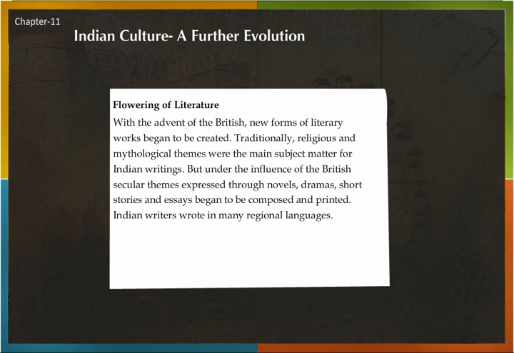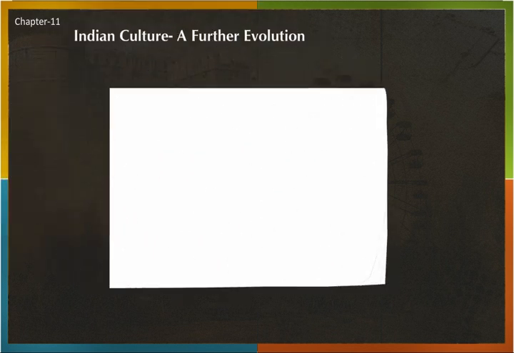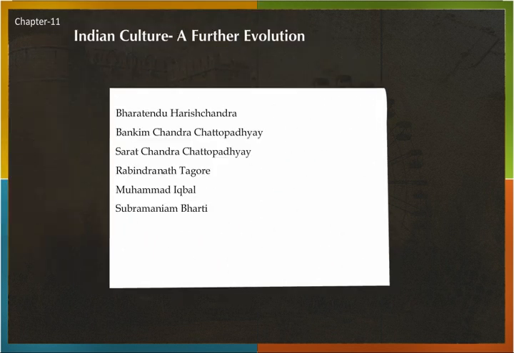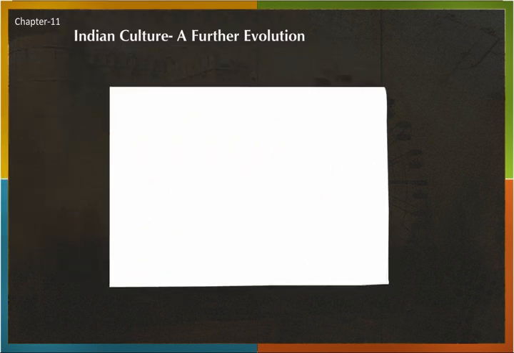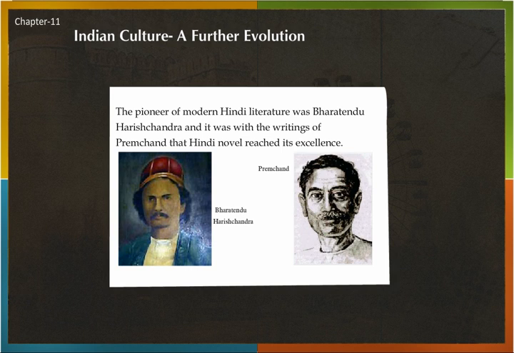Indian writers wrote in many regional languages. The pioneer of modern Hindi literature was Bharatendu Harish Chandra, and it was with the writings of Premchand that the Hindi novel reached its excellence.